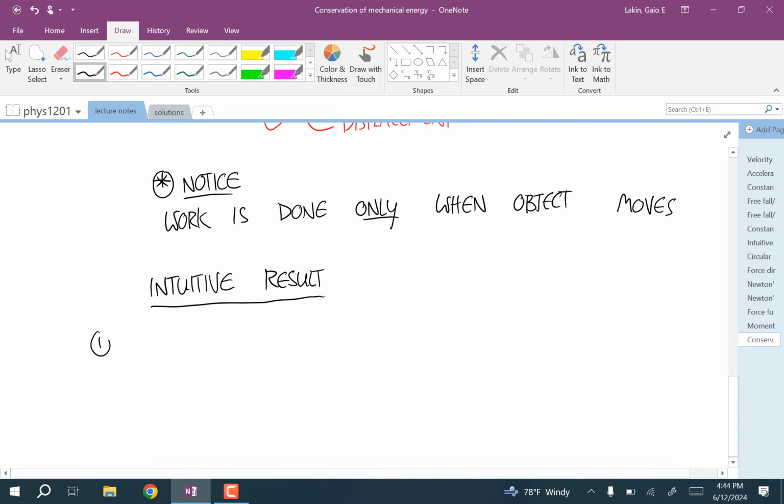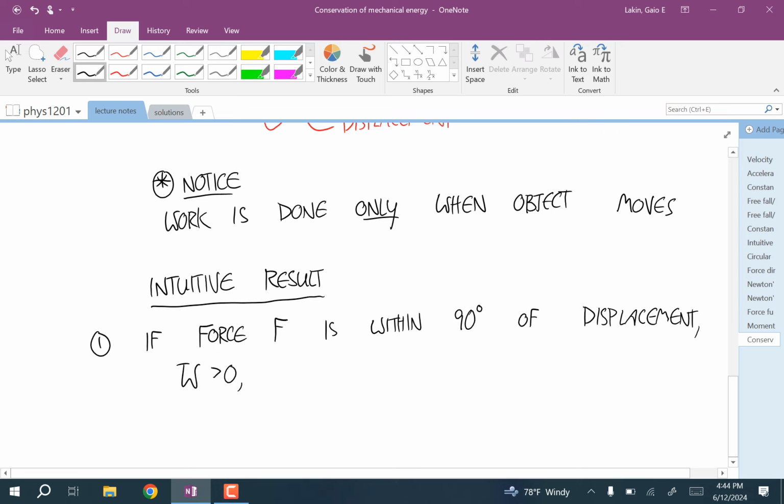Okay, so the first intuitive result is if this force F is within 90 degrees of the displacement, work is greater than zero, and the energy, in other words, increases.